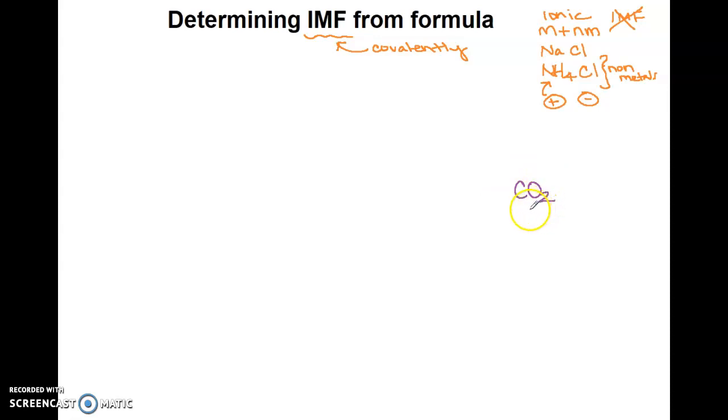I know that the bonds between the carbon and the oxygen are covalent bonds, but what's the attraction between one CO2 and another CO2, one carbon dioxide molecule and another? That's what these IMFs are about: they represent the attraction between one of these and something else. A lot of times we're just talking about another CO2, for example. So step 1, make sure you're not dealing with ionic, because then IMF doesn't apply.